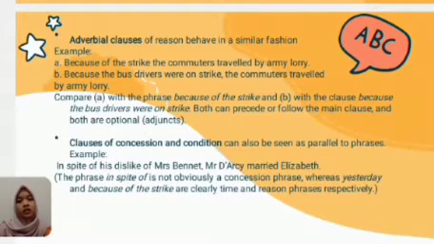Here, compare sentence A with the phrase "because of the strike" and sentence B with the clause "because the bus drivers were on strike." Both can precede or follow the main clause and both are optional adjuncts.